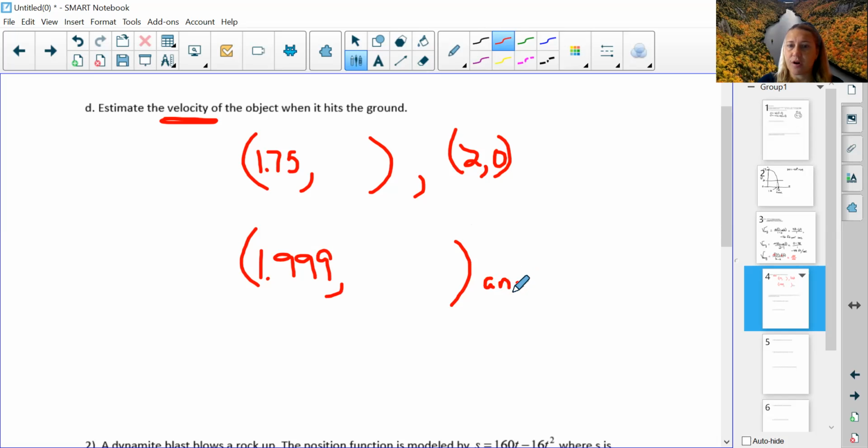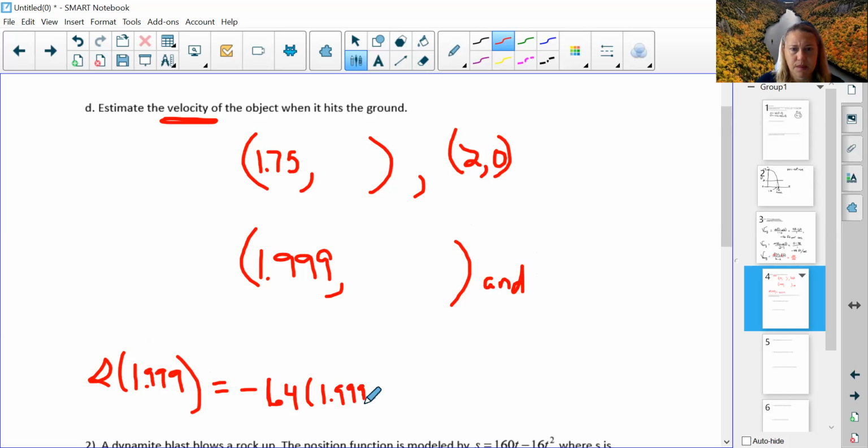And then I'd have to find the functional value. So I'd have to find S of 1.9999 by plugging in. I would be doing negative 64 times 1.9999 squared plus 64.